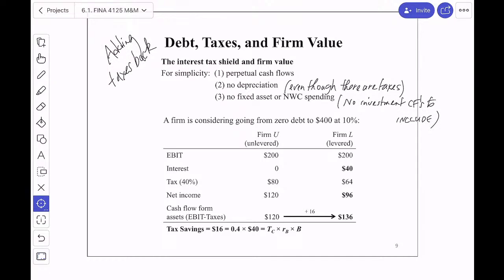So I put some numbers here, hopefully to make it easier to understand. A firm that is currently unlevered, so no debt, just equity, is considering going from zero debt to $400 at 10%.